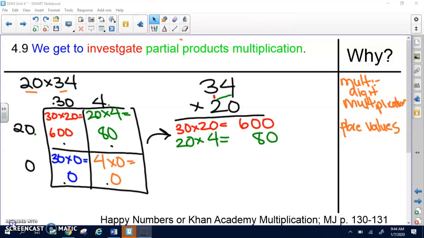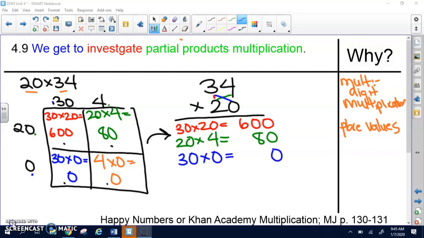Okay. And because there's a place value here, even though it's a 0, we're still going to multiply 30 times 0, or as you can see, 30 times 0 right here. And it's going to show that you come up with 0.